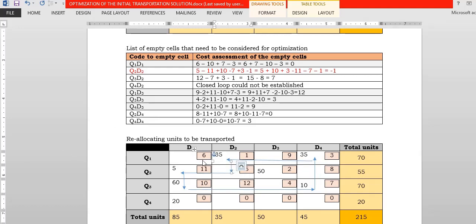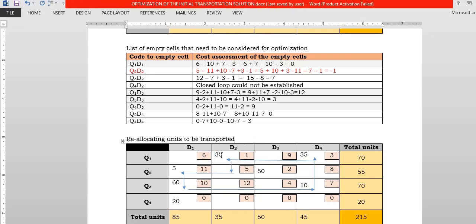Now in this closed loop, there's another thing we talked about, and that is allocating the negative and positive signs. Starting with this particular position, where we start from is positive, then negative, then positive, then negative, then positive, again negative, then back here positive.